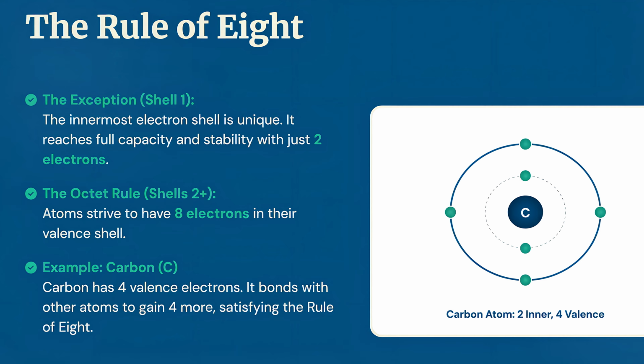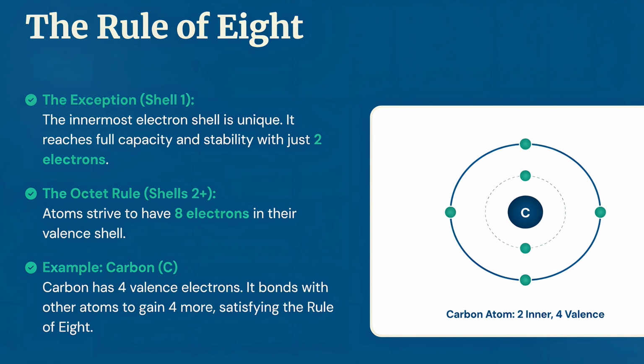That first shell can only contain at most 2 electrons. The shells that come after that, for the elements of interest we're going to be discussing, are able to contain at most 8 electrons, but the first shell can only have at most 2.